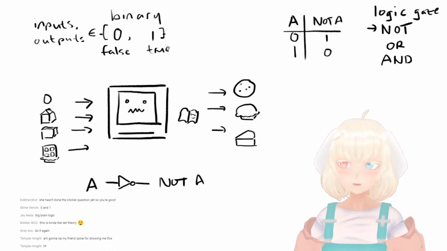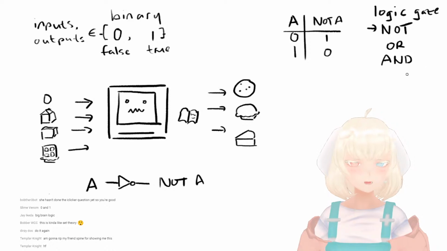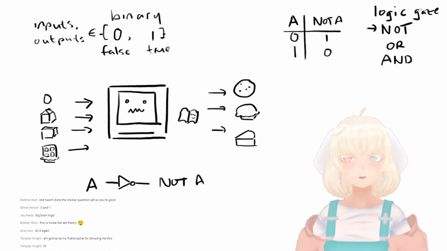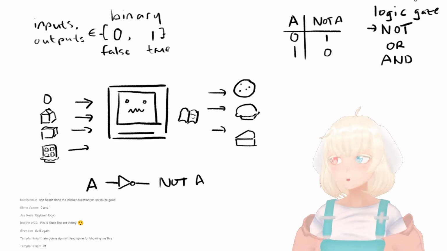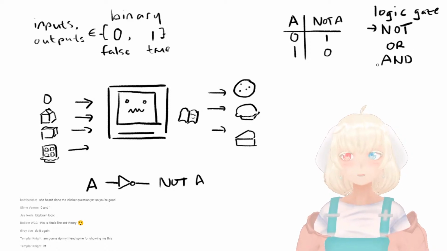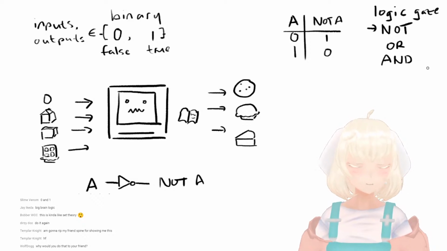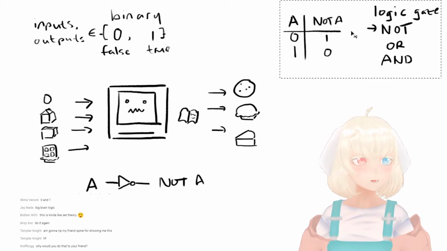Okay, so we can also write gates in a few different ways depending on what we're doing or just how we're feeling today. It doesn't matter. So like Miss B said in the chat, a lot of this looks very much like set theory. And so there are a few different ways that we can write not. Maybe I should move everything over a little bit.